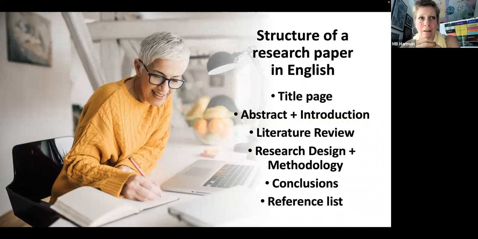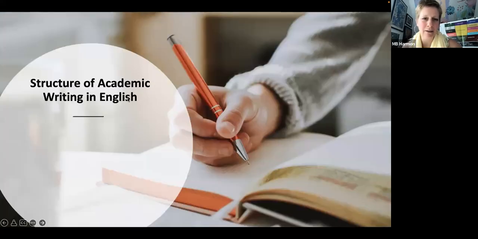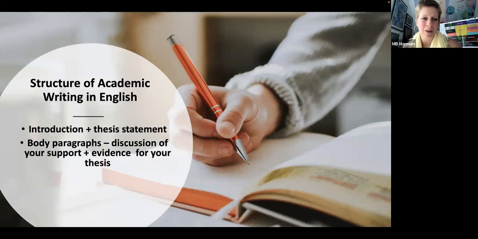Okay? So think about that in writing. And I just want to also point out that in English, we also have this standard style when we write, which we often talk about as the introduction and the thesis statement.